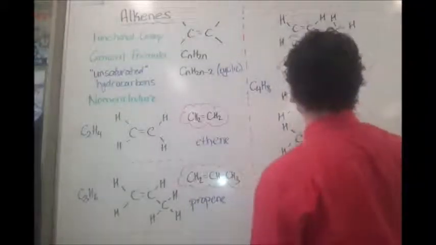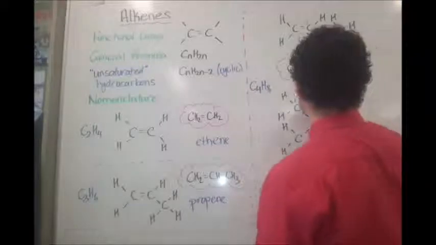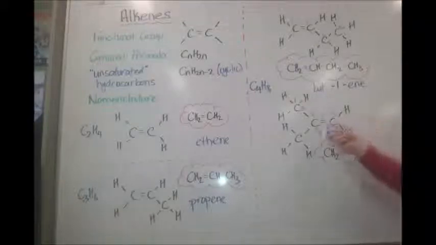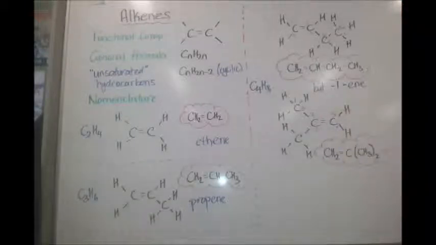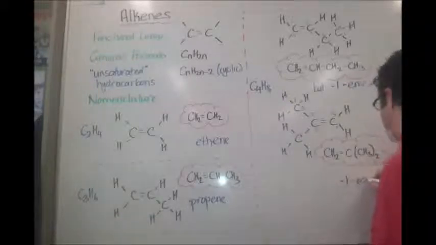And again, I'm going to number it. Alright? Now, if I have a look at that, the alkene is either between 2 and 3 or between 1 and 2. Well, 1's the lowest number out of all of those, so I'm going to choose that it is a 1-ene. Alright? So it's something or other 1-ene.